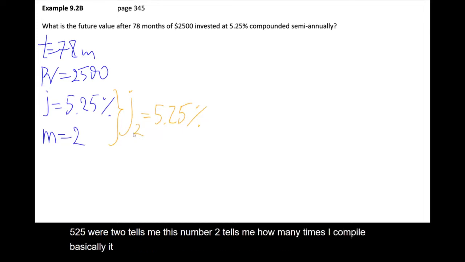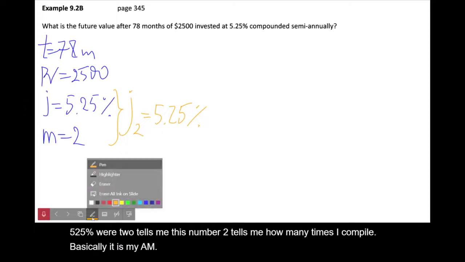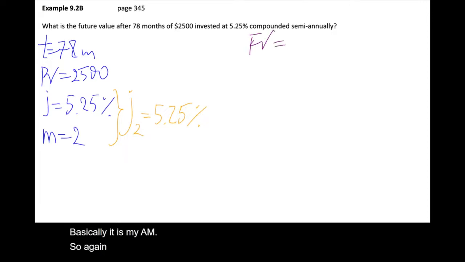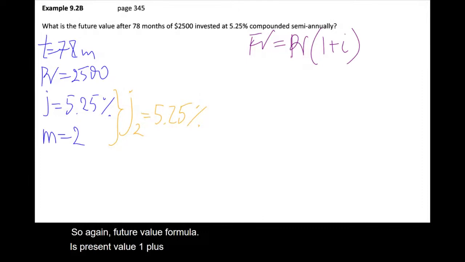Basically, it is my M. So again, future value formula is present value times 1 plus I exponent N.